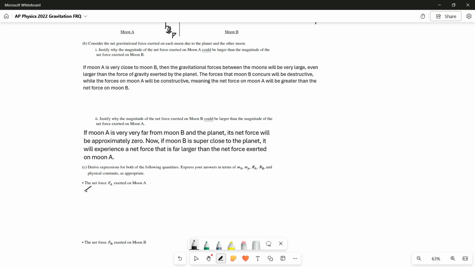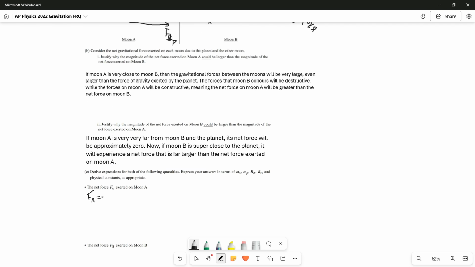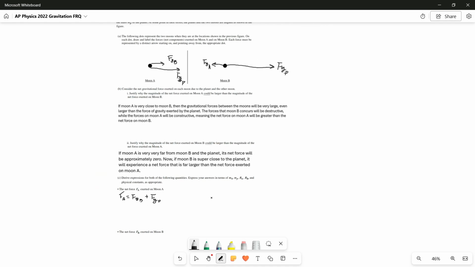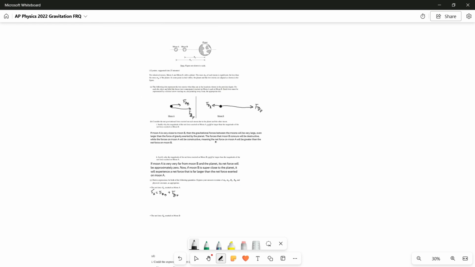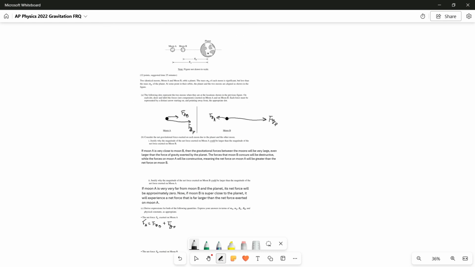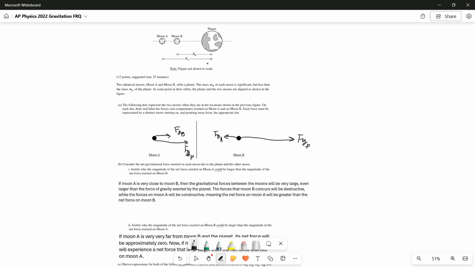So we write that FA will be equal to, and we should be consistent in how we labeled our vectors on top in part A, the force of gravity exerted by Moon B, plus the force of gravity exerted by the planet. Now, when we have this, all we really need to do is sum up the vectors that are exerted on both of these bodies.